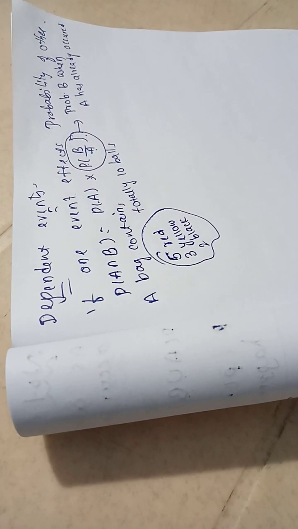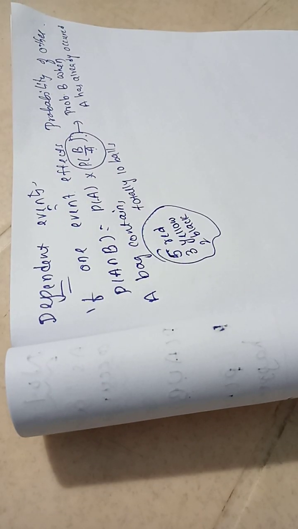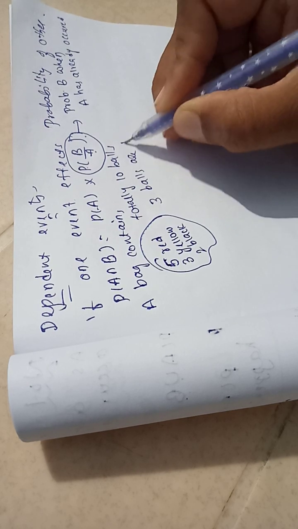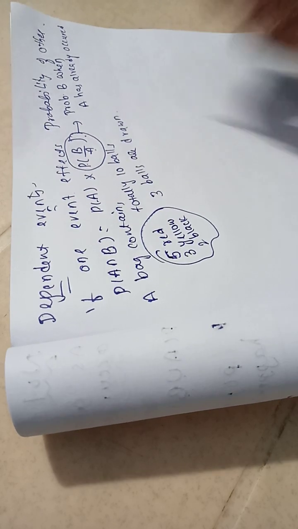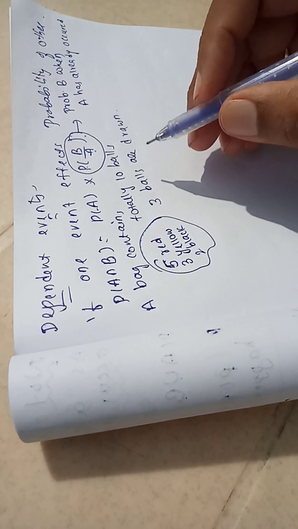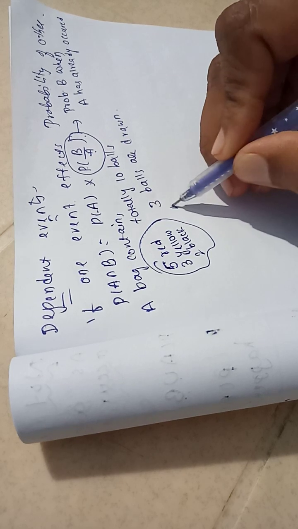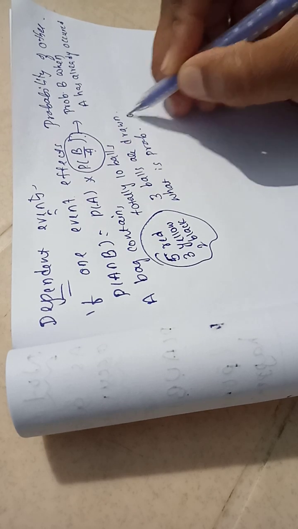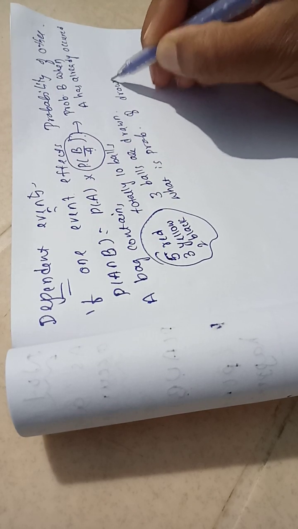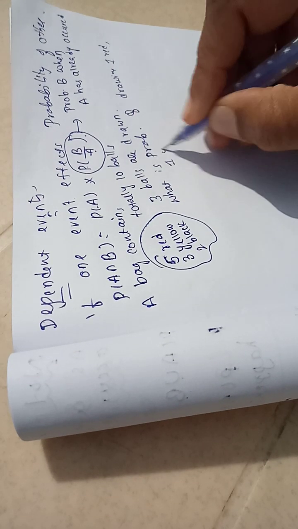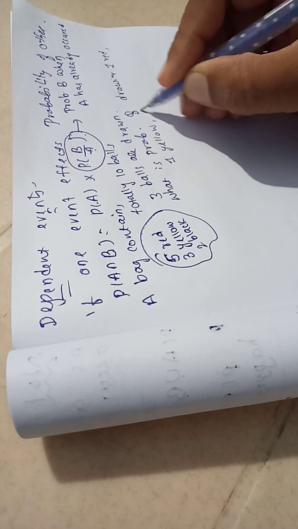Now here 3 balls are drawn. He is asking what is the probability of drawing one red, one yellow and one black.